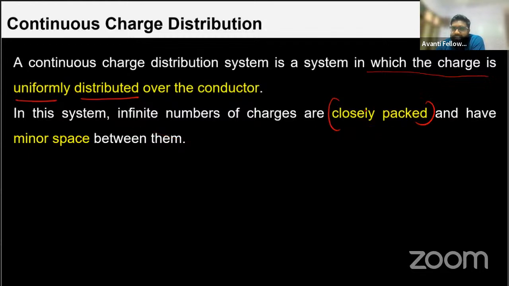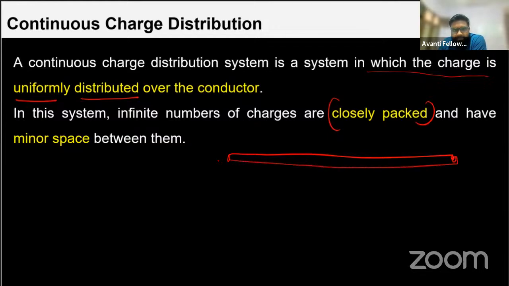And in actuality, that is the case. You will never find a point charge. You will always find a continuous charge distribution. Got it? Because if you are going to buy a wire, a wire is also considered as a linear rod, and that is also having a distribution of charge uniformly on the surface. So a small wire also contains a continuous charge distribution.